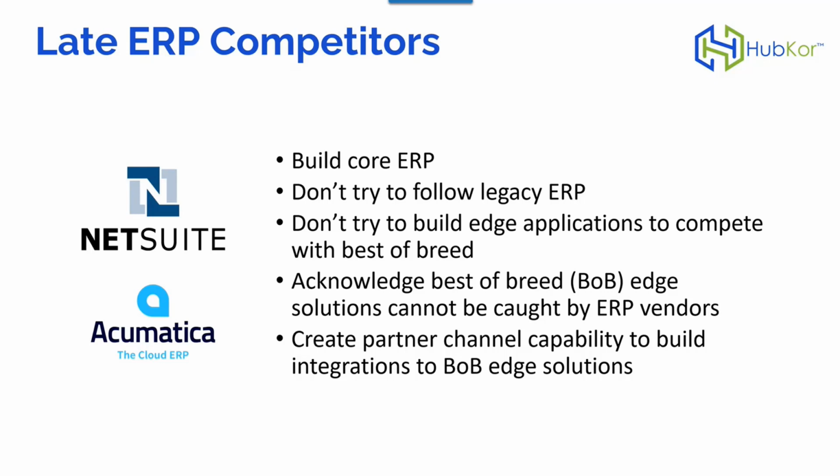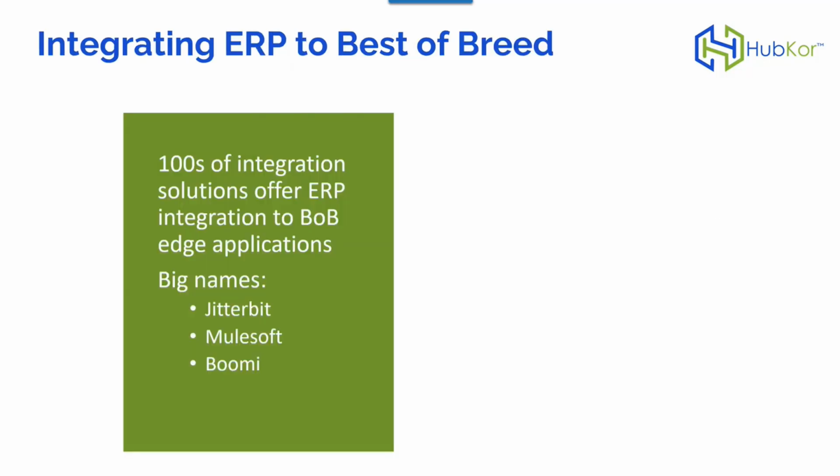They basically built the core of the system. And their strategy was to integrate with the best of breed. Don't try and write those answers. Go and integrate with them and offer their customers out of the box integrations to these best of breed solutions. It's a very different strategy. And that's the way these new incumbents have gone.